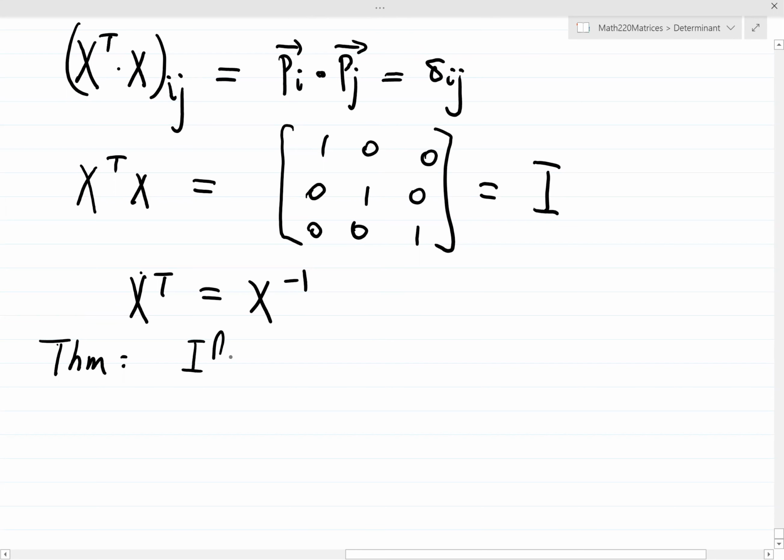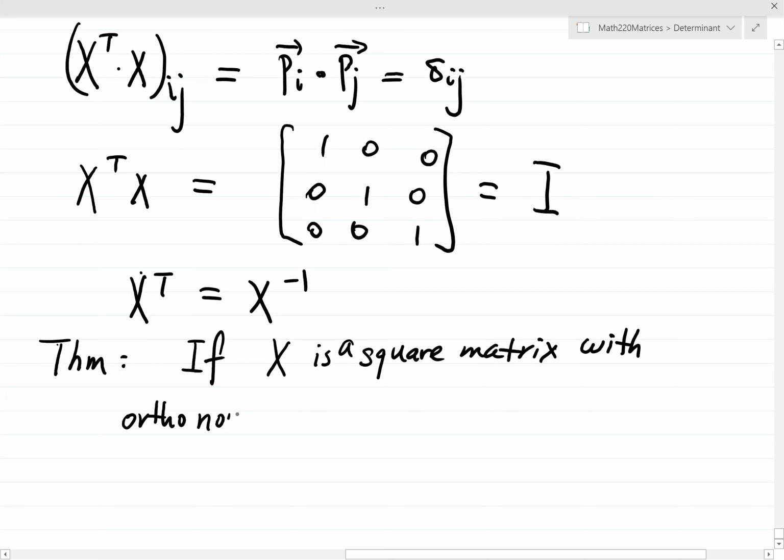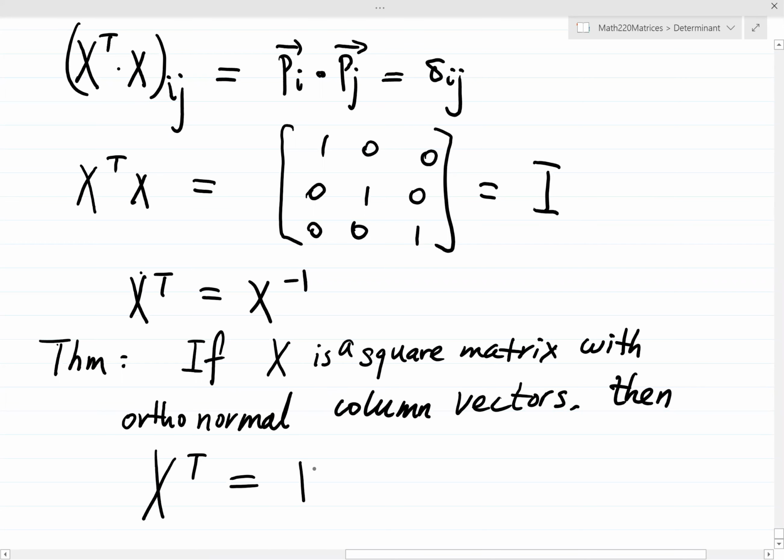If X is a square matrix with orthonormal column vectors, then we know X transpose equals X inverse, or X inverse equals X transpose.